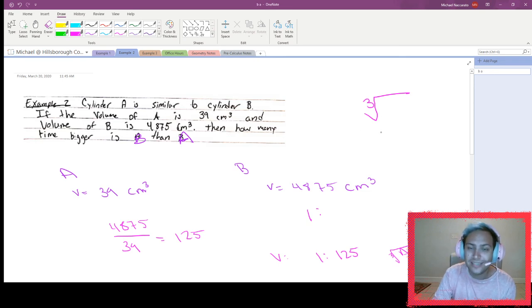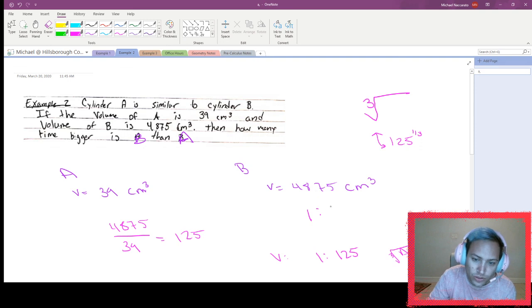If you can't find it, the other way that you could do this is you could put 125 to the power of 1/3, and those things mean the same thing. That's a little bit easier, I think, for some of you to do in your calculator. But we take the cube root of 125. Well, the number that multiplies by itself 3 times to get 125 is 5, because 5 times 5 is 25, and 25 times another 5 is 125.